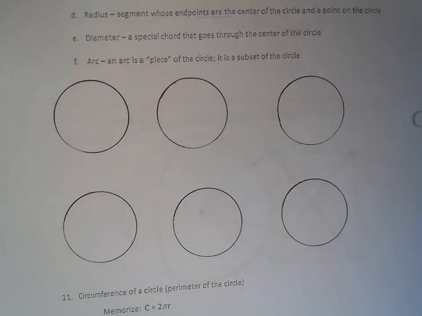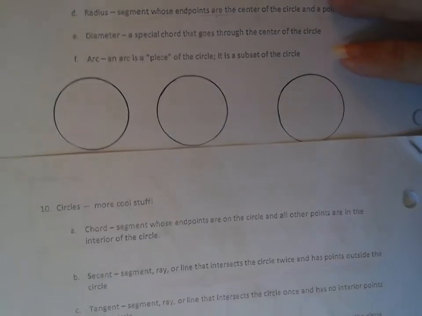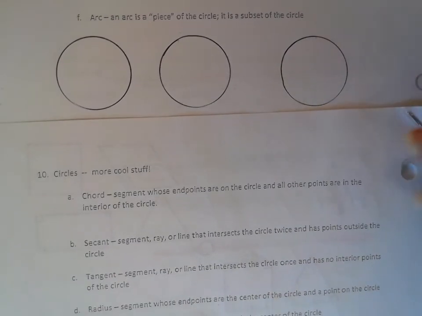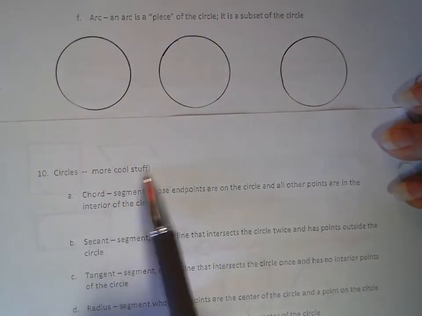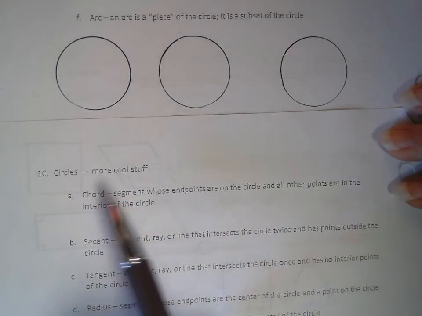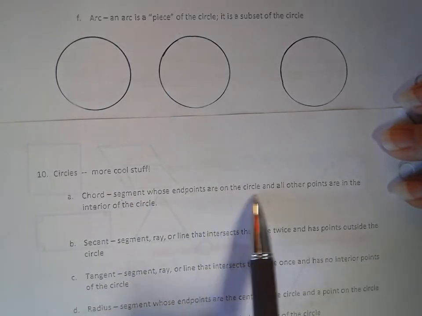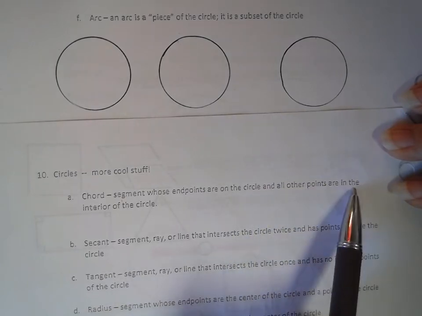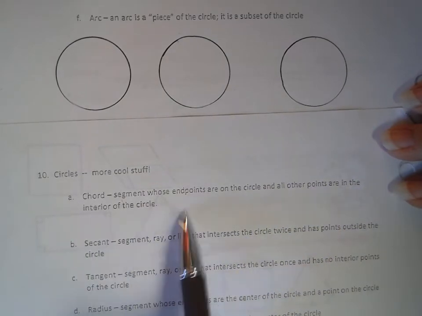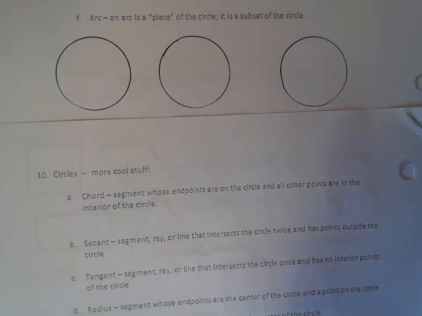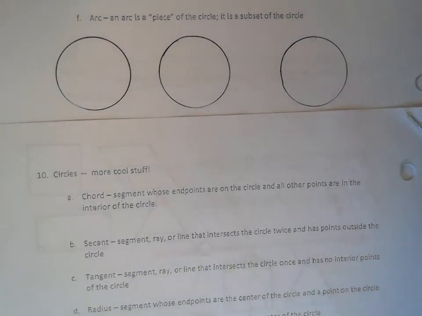Okay, I'm going to double dip here and put some definitions down here while we're doing this. So 10A, more cool stuff about circles. A chord. A chord is a segment whose endpoints are on the circle and all other points are in the interior of the circle. Okay, that's important because if I don't say where the points are between the endpoints, it can get wonky.